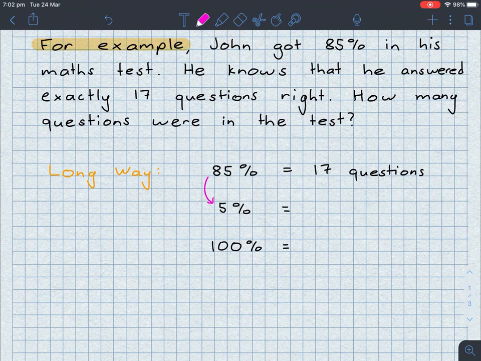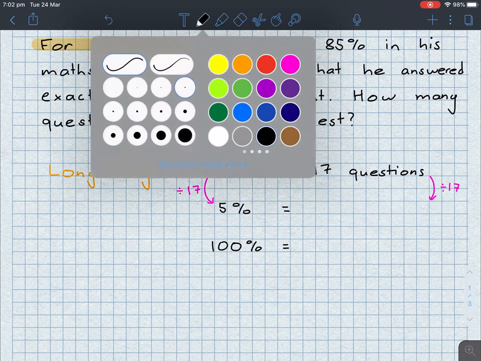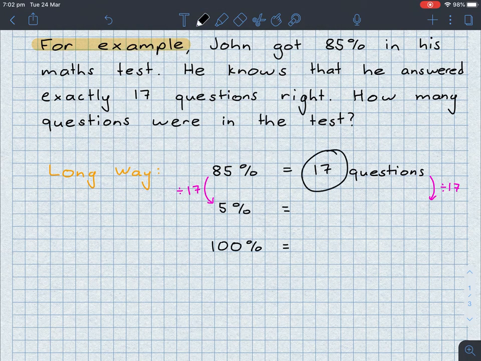So to turn 85 into 5, if you know your 5 times tables really well, you'll know that 5 goes into 85 17 times. So we divide by 17 to work out what 5% is. And when we take 17 divided by 17, that gives us 1.